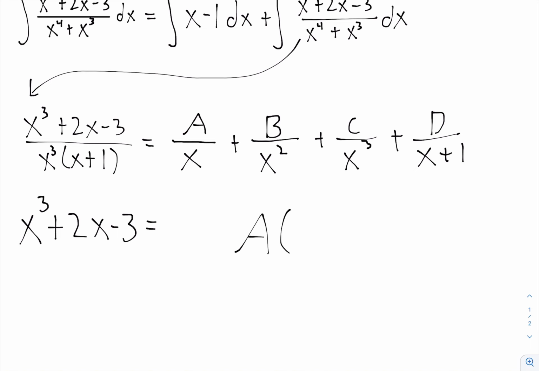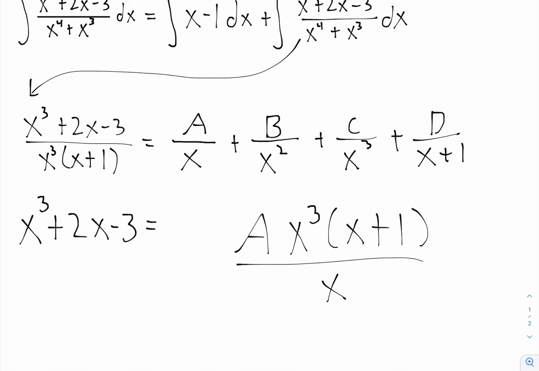is going to be a times x cubed times x plus 1, because we're multiplying the entire thing by x cubed times x plus 1, and then over x. x was already there, so notice how this x cubed and this x have common factors of x. We can divide the top and bottom by x, and we just get x squared on the outside now, because x cubed over x is just x squared.